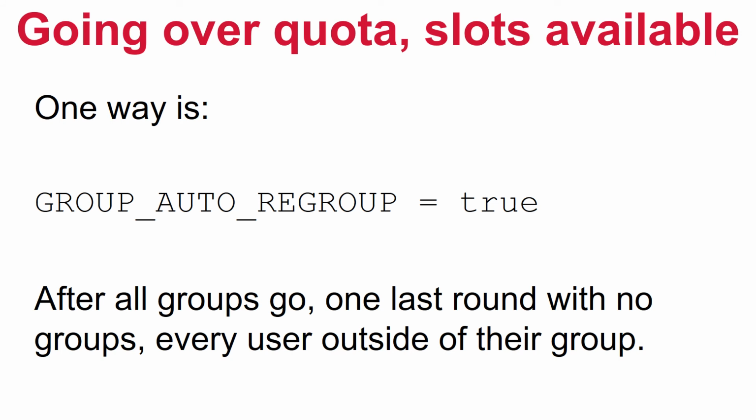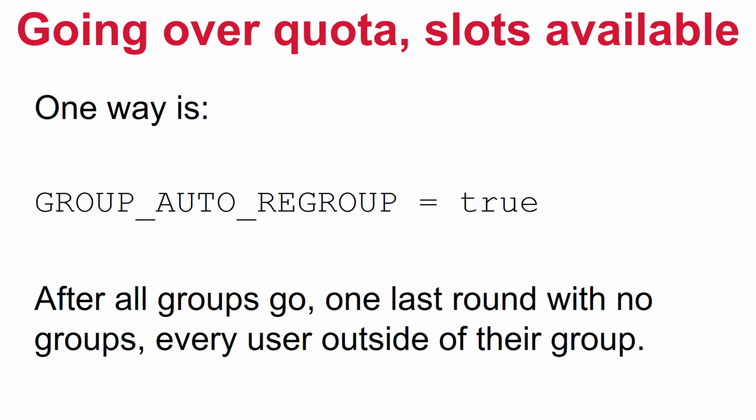The first way, and the way that we would recommend to most groups, is with auto regroup. This is very easy to enable. Just set group_auto_regroup equals true in the negotiator's config file. When this is true, all of the group algorithms that we discussed earlier work as usual.